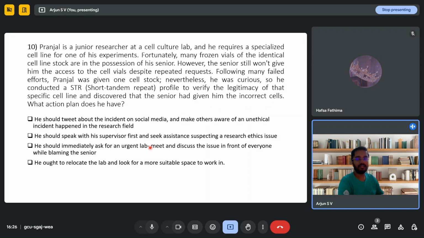And the last question is an ethics-based question in which a guy is given a wrong cell line from his senior. So for that, the right option to go with is option number D, which is to talk to the supervisor and to seek assistance from him before suspecting a research ethics issue.